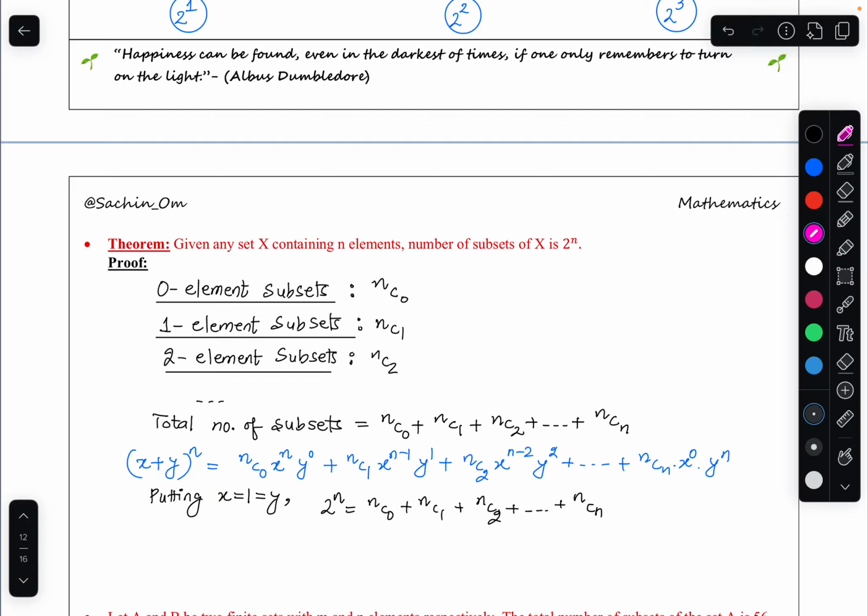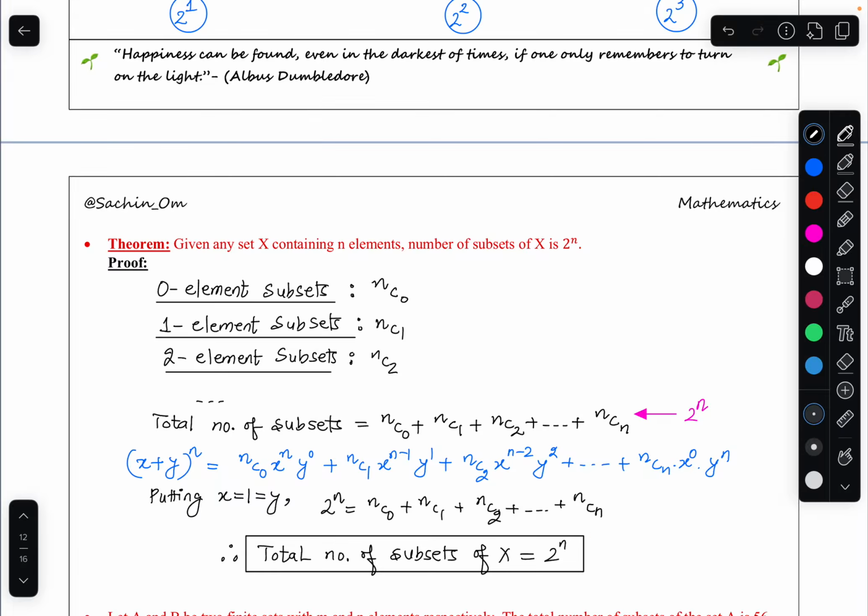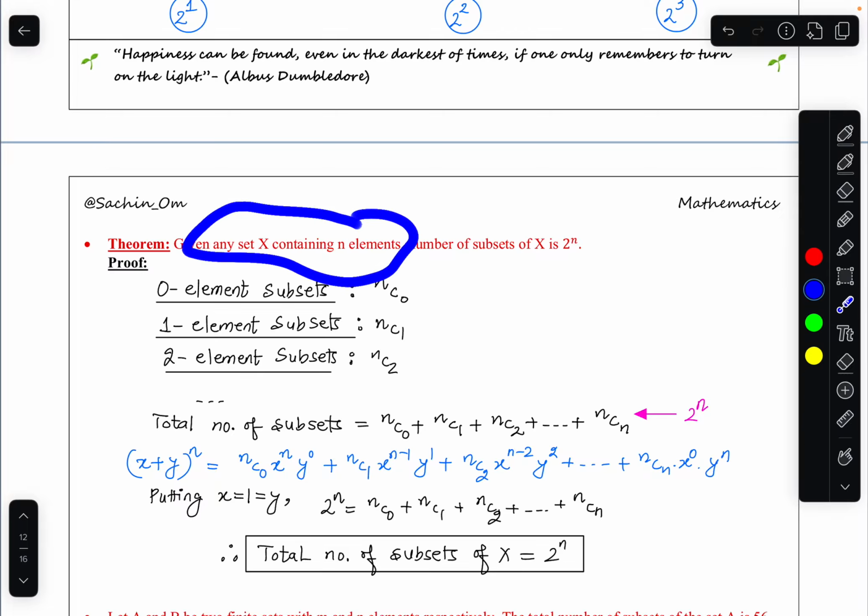Therefore we conclude that the total number of subsets of X which has n elements in it is 2 power n. So this proves the result we were looking for, which was that given any set X which has n elements in it, the number of subsets in it would be 2 to the power n.